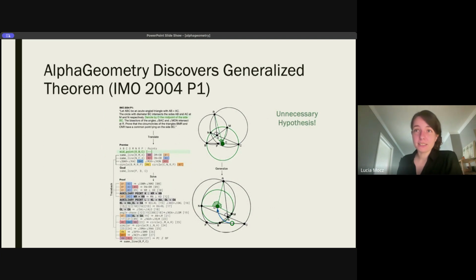Another thing that is highlighted in the paper, and this is particularly interesting to me as a mathematician, is that AlphaGeometry with this method is able to discover generalized theorems. So what this means is that in this instance of the IMO problem, problem 1 in 2004, it was able to identify that in the premise of this problem, there was a statement that was unnecessary to be able to derive the conclusion.